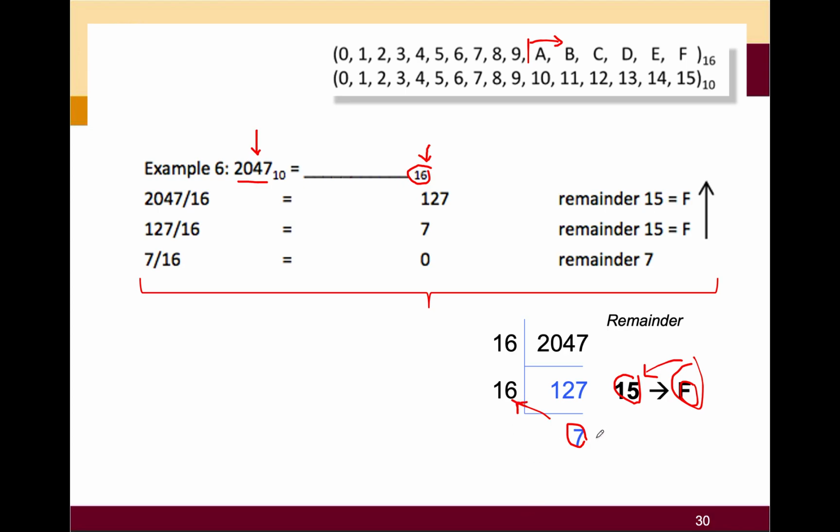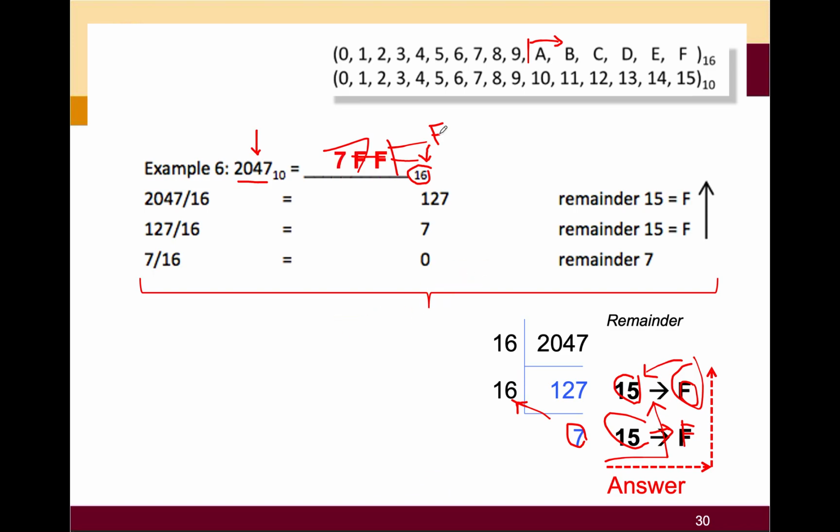So that's why you will get the answer like this, and it will be 7F. Sorry, there is a remainder over here. So 7, this one is also F, so you will get 7F as the answer. So easy, right? Easy peasy.